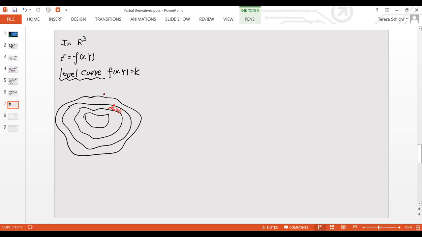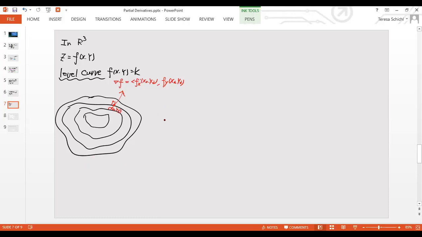I know the fastest rate of change from one level curve to the other is the del f, which is the partial f_x at (x0, y0) and the partial f_y at (x0, y0). This will be your gradient function, gradient vector, right? So the gradient vector will be perpendicular to the level curve.